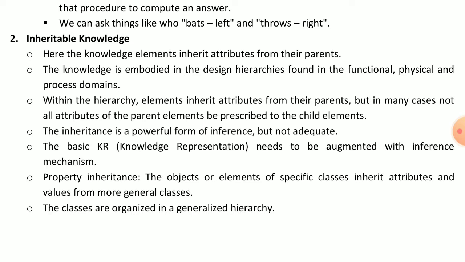Here we can take one example: parents and child. Parents are the object and the child are the attributes. Some habits of the parents are present in their son or daughter, so we can say that the child can inherit the parents' habits.